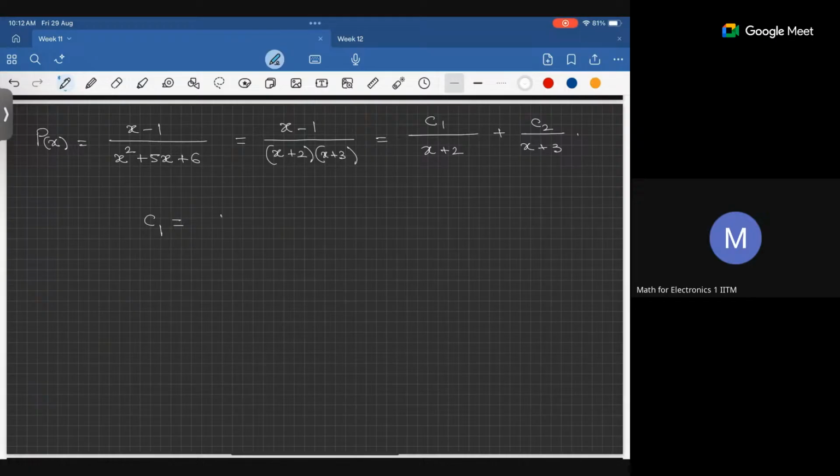Basically this p of x, multiply it with x plus 2 and evaluate at x is equals to, this you have to tell. Is it plus 2 or minus 2? Minus 2.